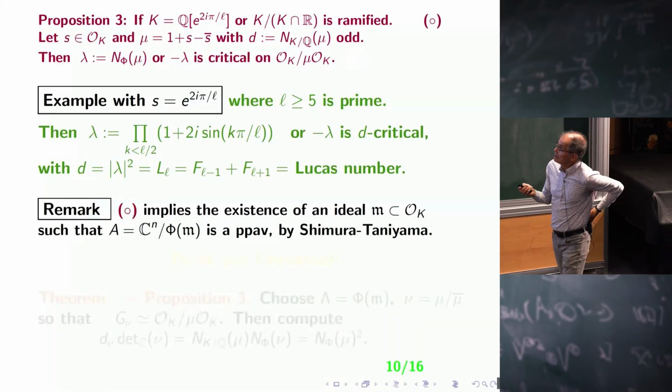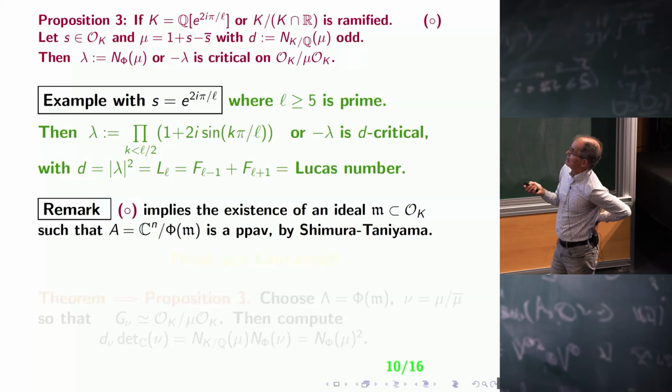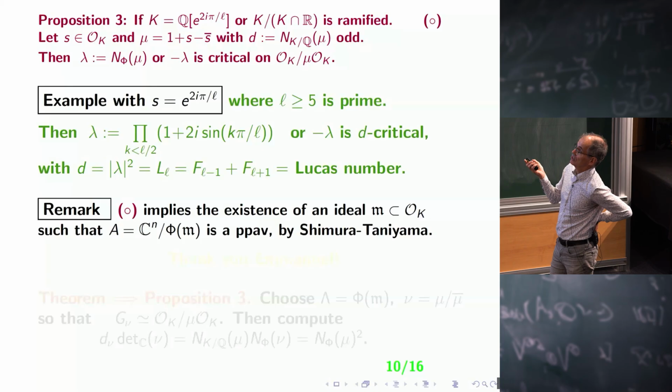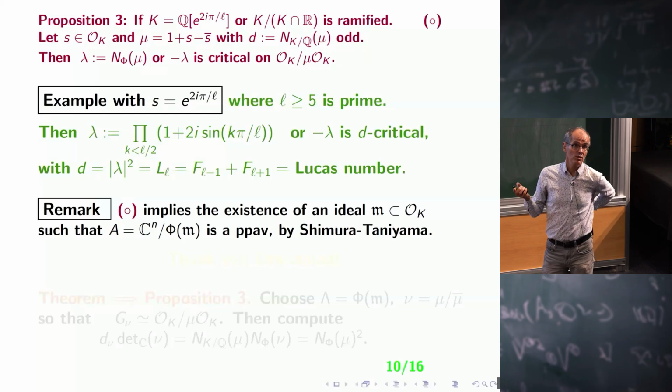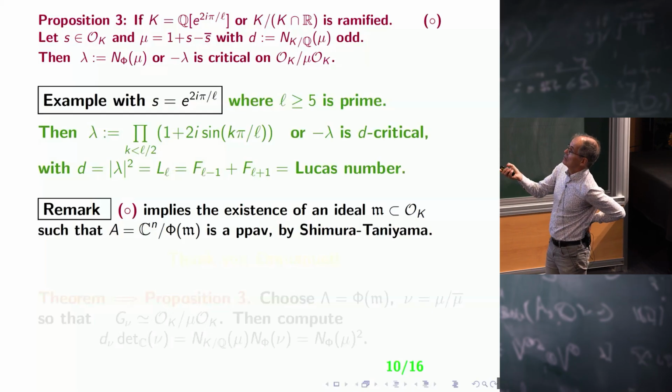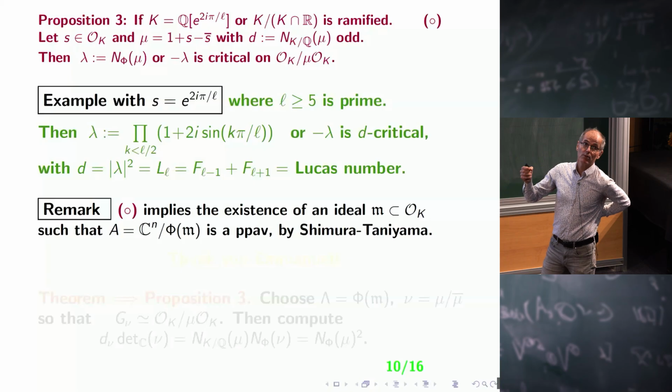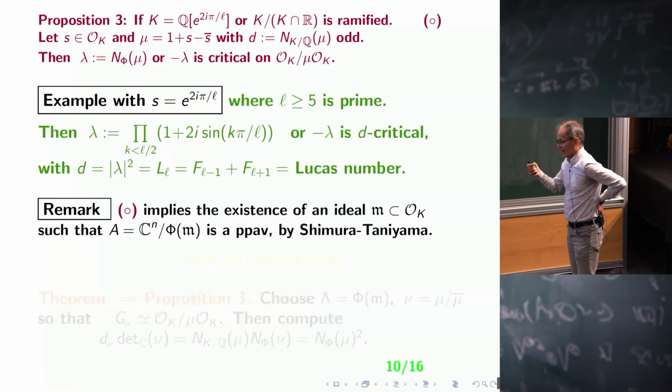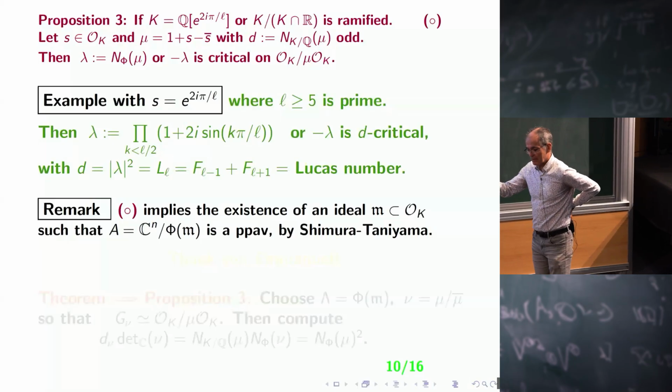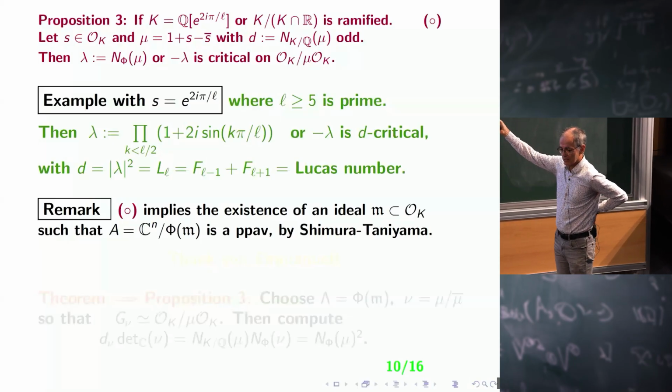It's used because it implies the existence of an ideal M in the ring of integers for which the CM Abelian variety that you construct with this CM number field and with this ideal is in fact principally polarized. And I really wanted to have a principally polarized Abelian variety. I will explain to you later why.